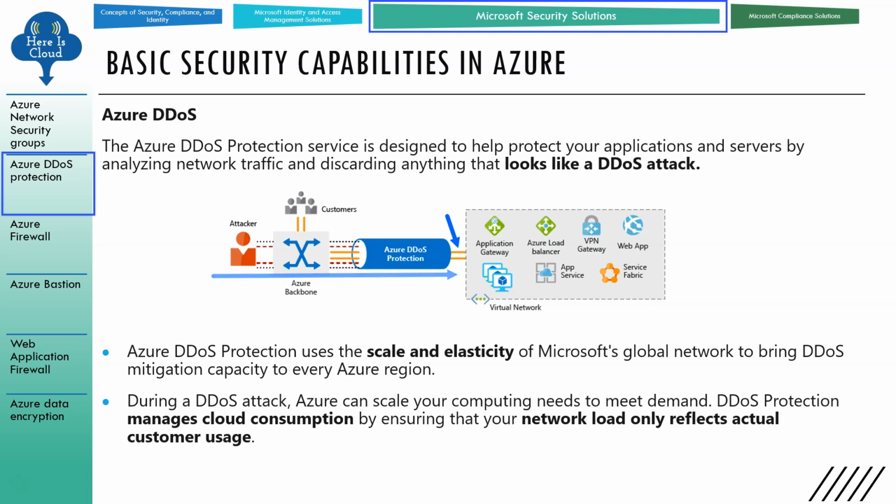Azure DDoS protection uses the scale and capacity of the Microsoft global network to bring this to every Azure region. And during a DDoS attack, Azure can scale your computing to meet demand so that your customers don't suffer. And DDoS protection manages cloud consumption and ensures that network load only reflects actual customer usage. As we said, the attacker's data is filtered.